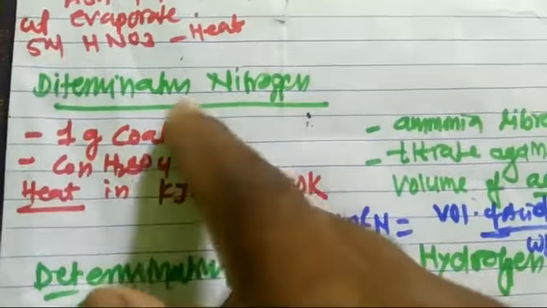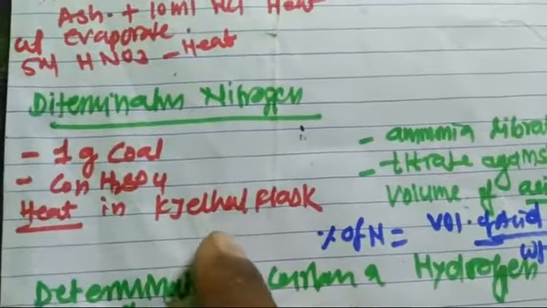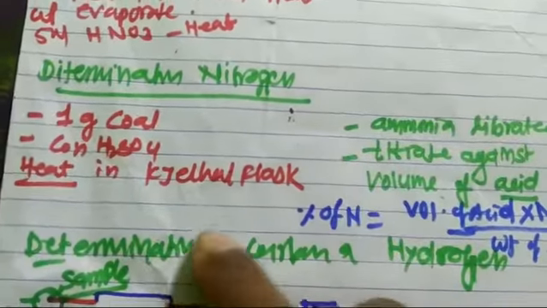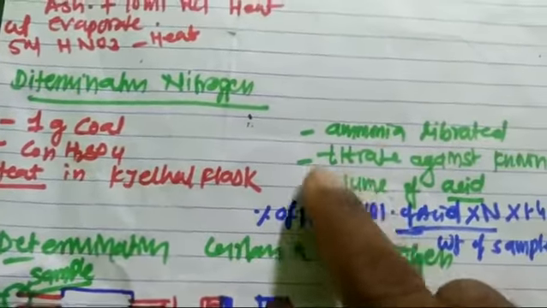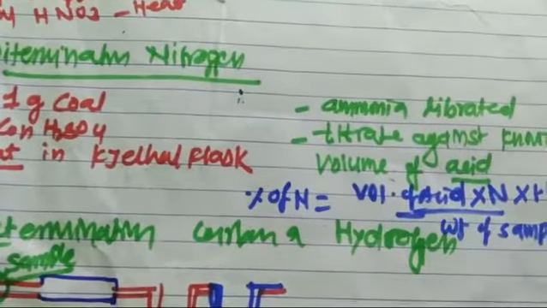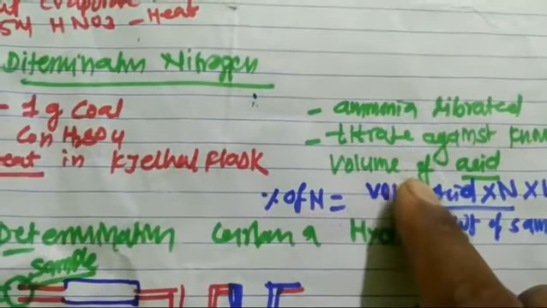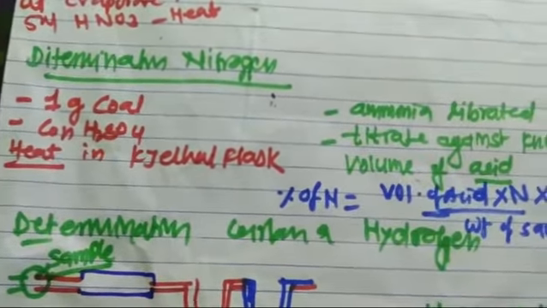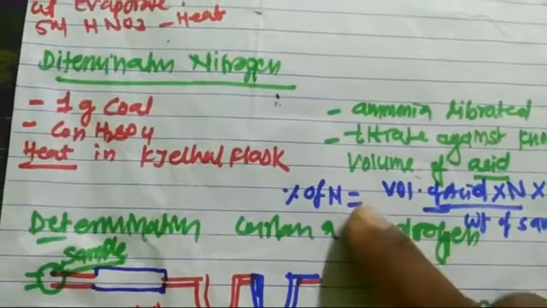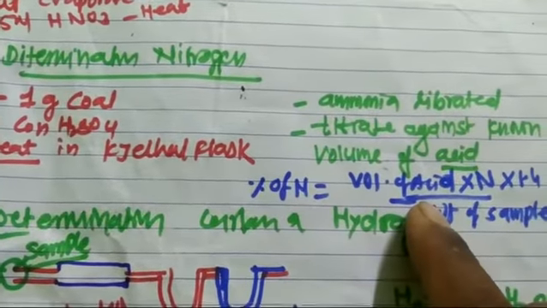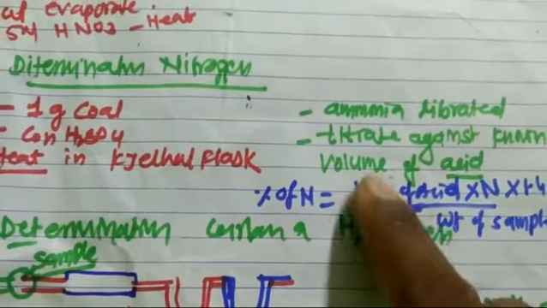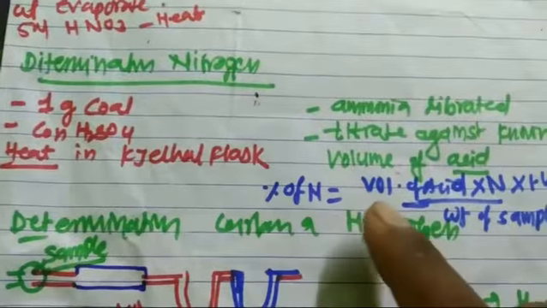The nitrogen present in coal is liberated by heating, and by the reaction with H2SO4 ammonia is liberated. The liberated ammonia is titrated against an acid of known volume and known normality. So by this method we determine the nitrogen in coal.